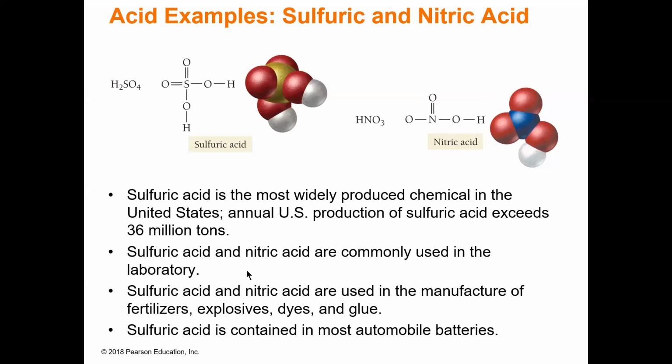Also used for explosives. Anything that you can use to make, not anything, but a lot of things that you can use to make fertilizers are also very useful for making explosives. Those go kind of hand in hand. Dyes and glue. And then we find sulfuric acid in automobile batteries. So if you've ever changed your battery, things like that, battery acid, sulfuric acid.